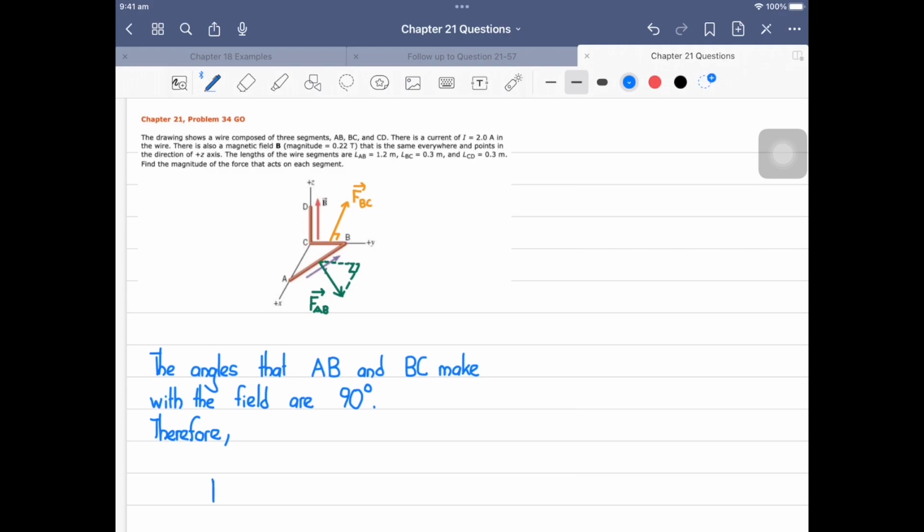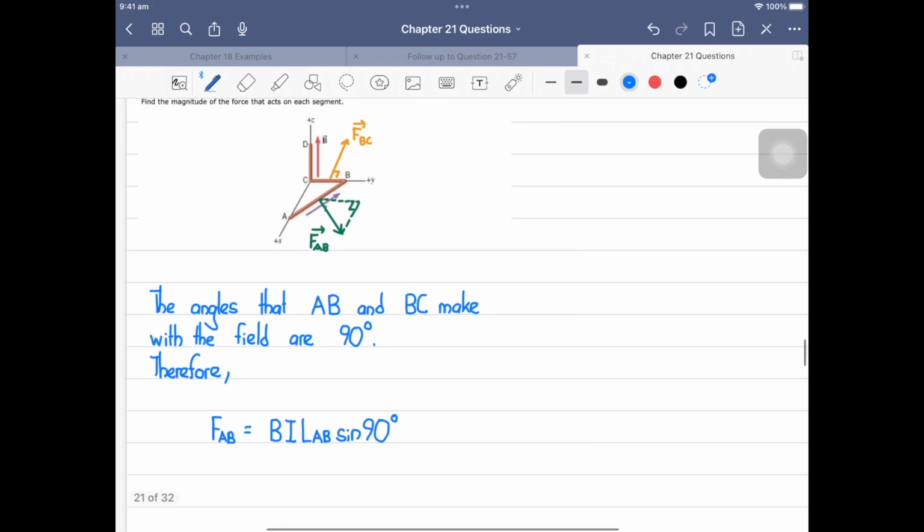So FAB, the magnitude of the force on section AB, is equal to the magnetic field strength times the current times the length of wire AB. And that's it. We could put in sine of 90, but that doesn't do anything, it just gives us 1.